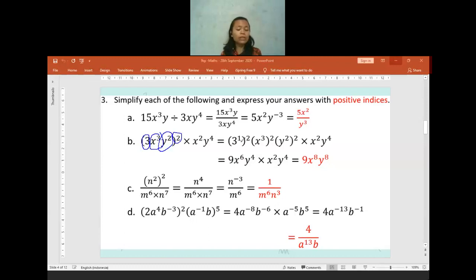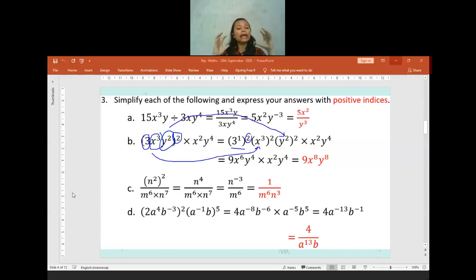To make it more visible, I expand them and do it one by one. So I solve the 3 first. It gets the power of 2. The x to the power of 3 gets the power of 2. The y to the power of 2 also gets the power of 2.